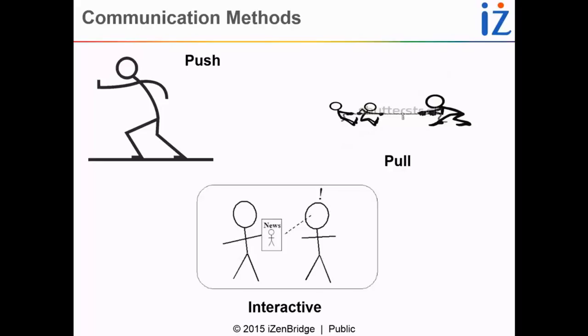And lastly, we have a communication method that is called pull. Now, pull is usually used when you're trying to send some information to very large groups of people. So if I wanted to send a message to the entire organization, I don't think I would be sending them emails. Neither am I able to call them all and tell them face to face.